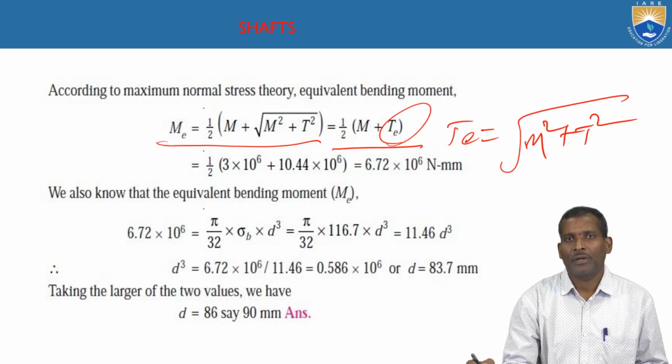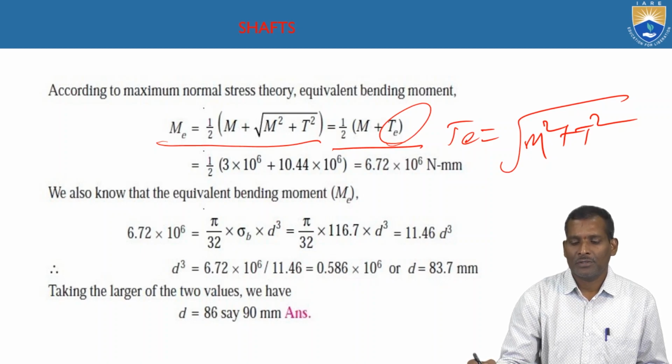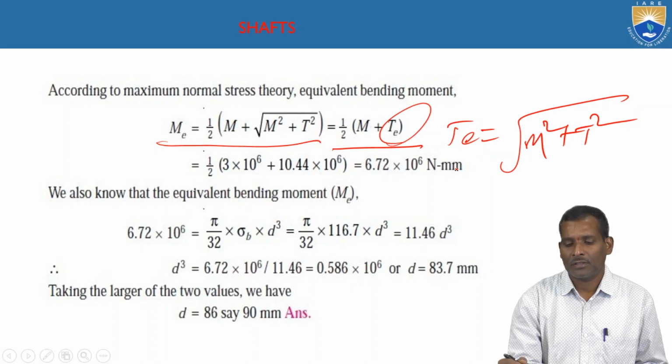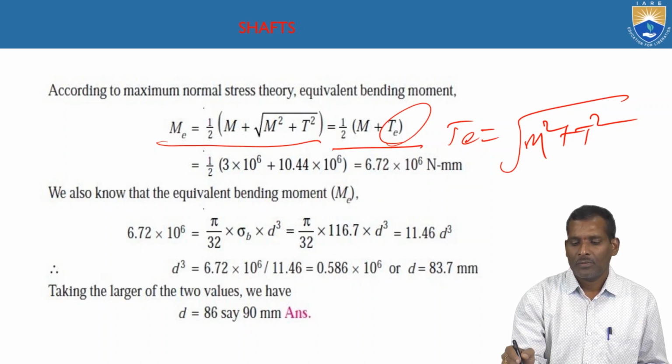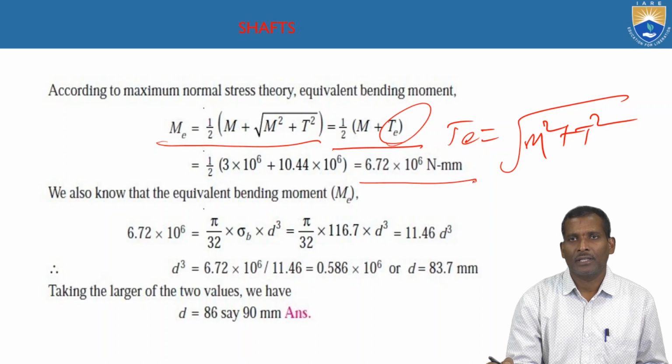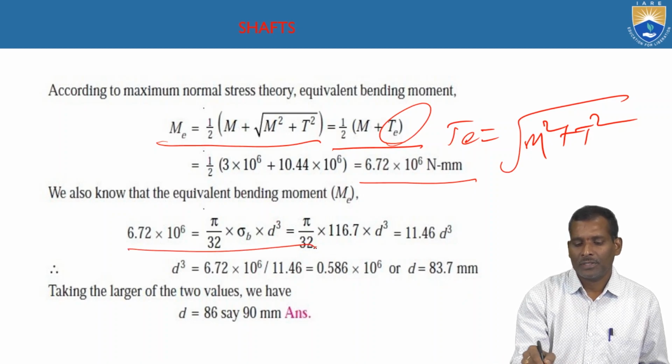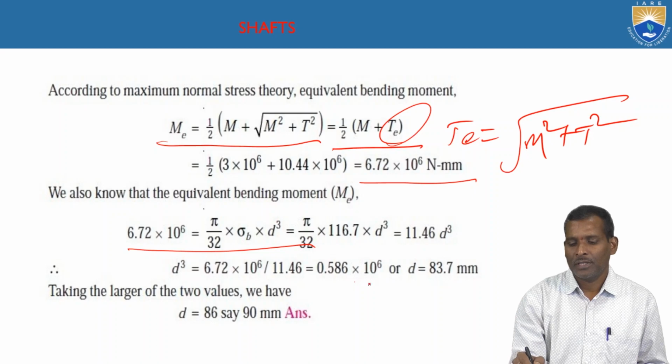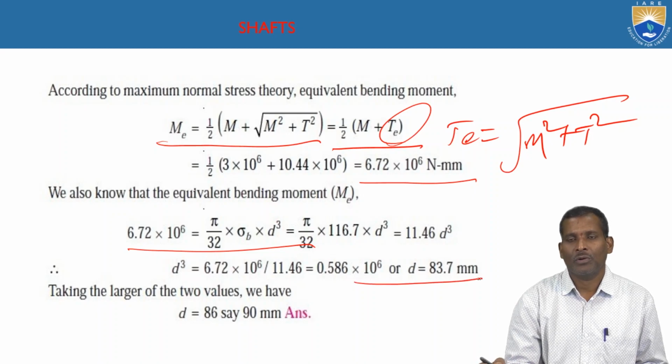After substituting the bending moment value and the equivalent torsion value, you will get the equivalent bending moment as 6.72 into 10 to the power of 6. Now substitute in this equation, and we will get the diameter as 83.7.